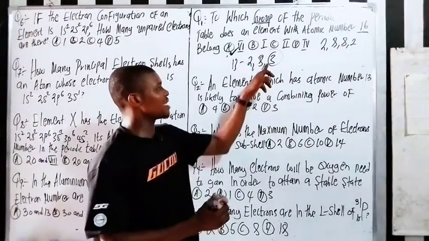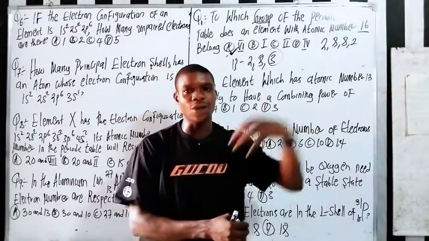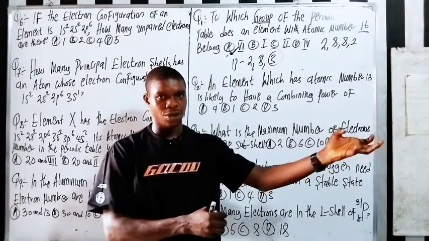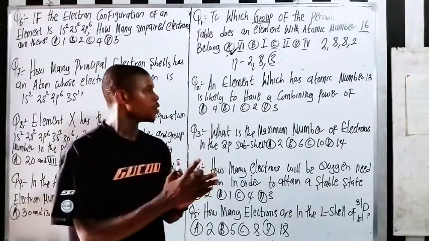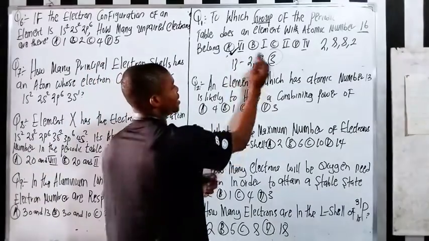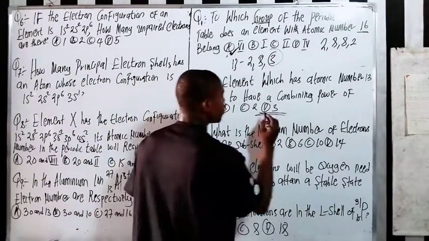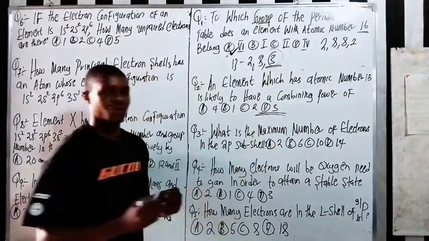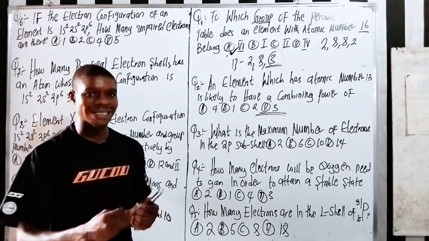It means this atom has to give out 3 electrons in order to obtain the octet. So it will lose 3 electrons because it is a metal, aluminium. So the combining power of the element with atomic number 13 is 3, because of the valence electrons.